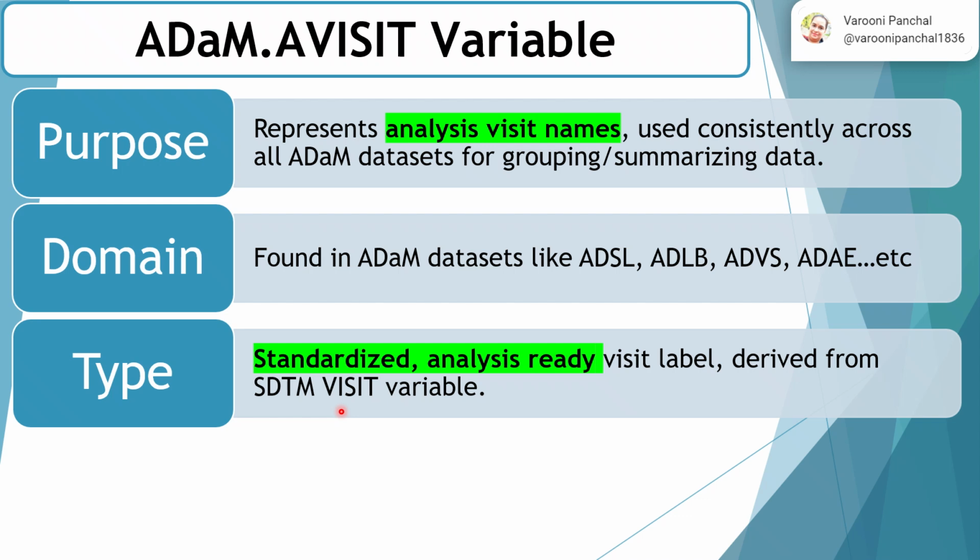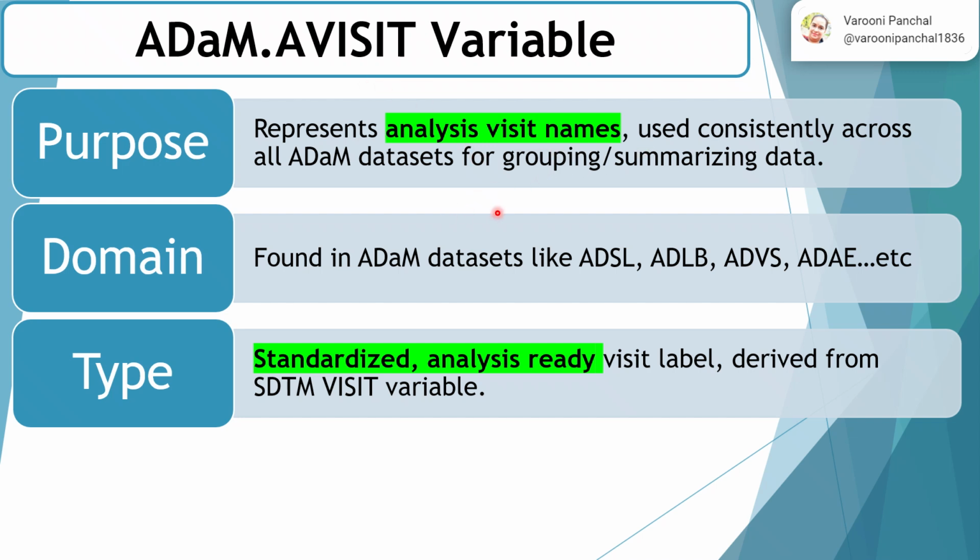The SDTM.VISIT data comes from the source, that is the CRF, nothing but the raw data present in the database. From raw data it comes to SDTM, and from SDTM we make some calculations and derive the analysis visit. We adjust the visit windowing and follow all those kinds of structured procedures.